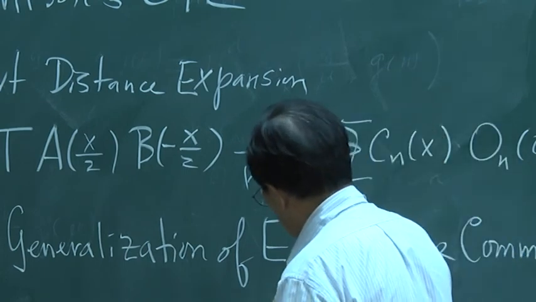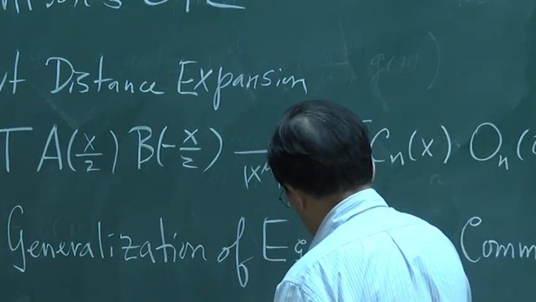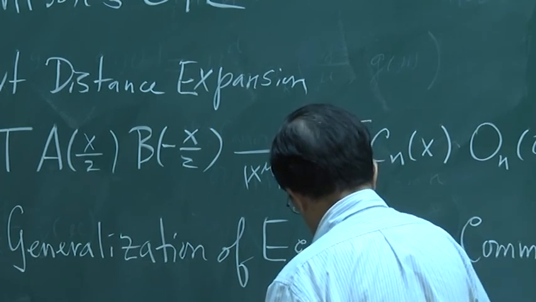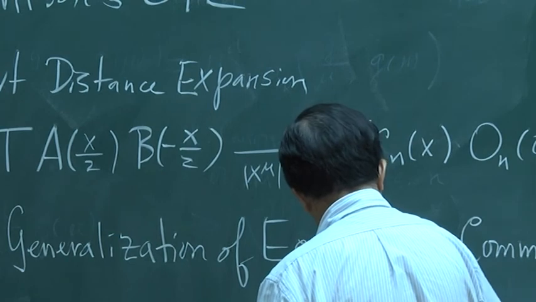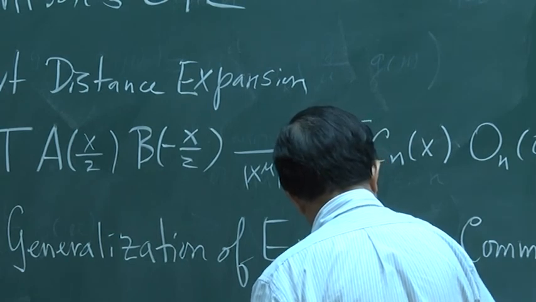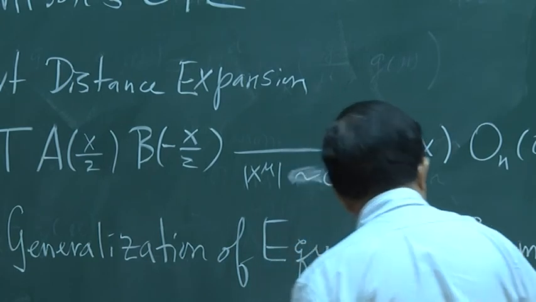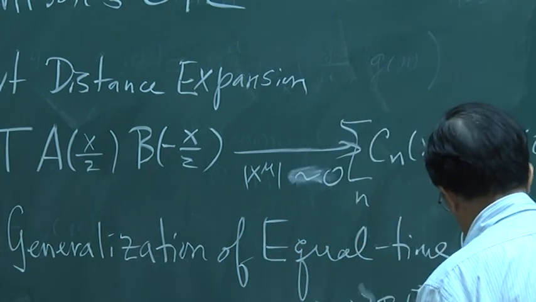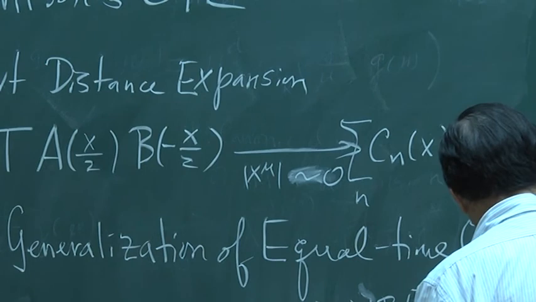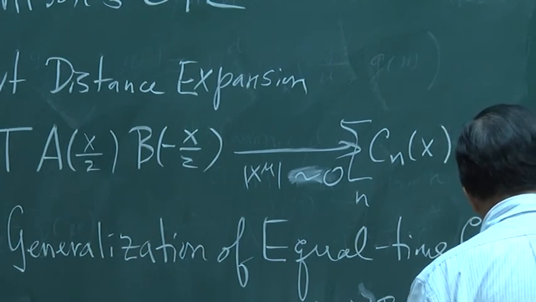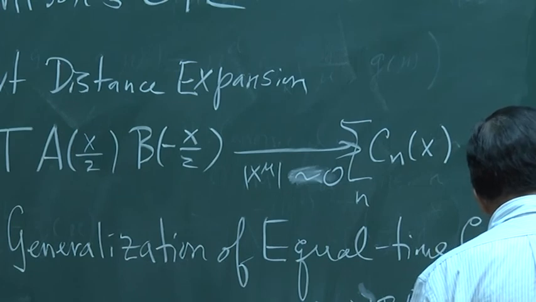You see that the equal time commutator will be like this, x 0, and then you have a b to something, say c x, x minus y, and then delta function.